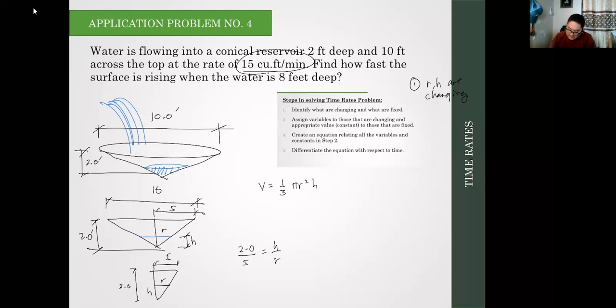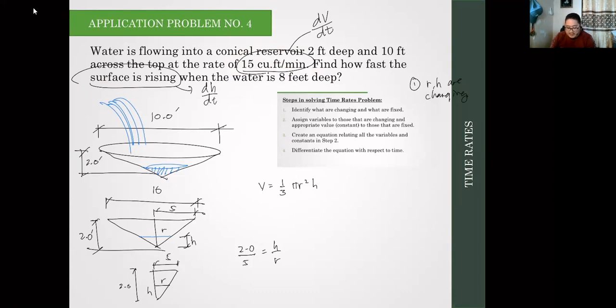Pero ano ba yung given sa atin? Meron tayong change in volume. Tapos ang hinahanap sa atin is pag-change ng surface. Okay? Ito is yung pag-change ng volume with time. Tapos how fast is the surface is rising. Yung surface is rising, ito ay yung dH over dt natin.